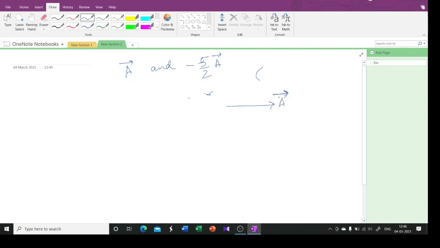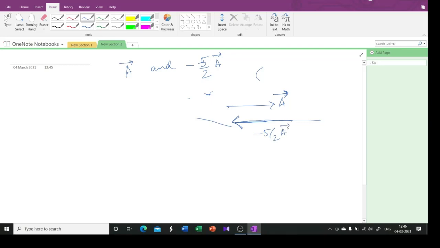Now, what is minus 5 by 2 A vector? It would be pointing in the opposite direction, right? So maybe somewhat like this. It will be pointing in this direction, and its length would be 5 by 2 times this length. Okay, so this is, suppose, minus 5 by 2 A vector.